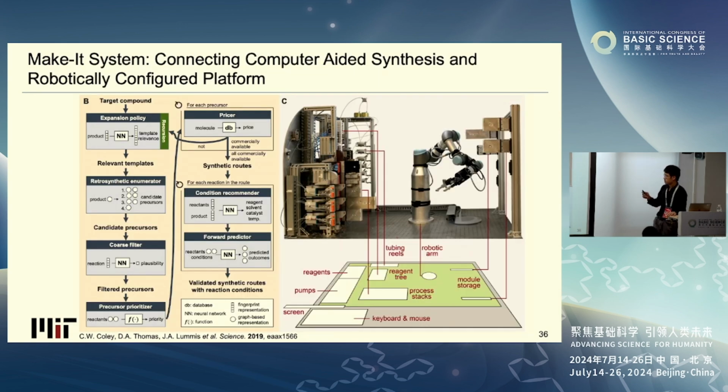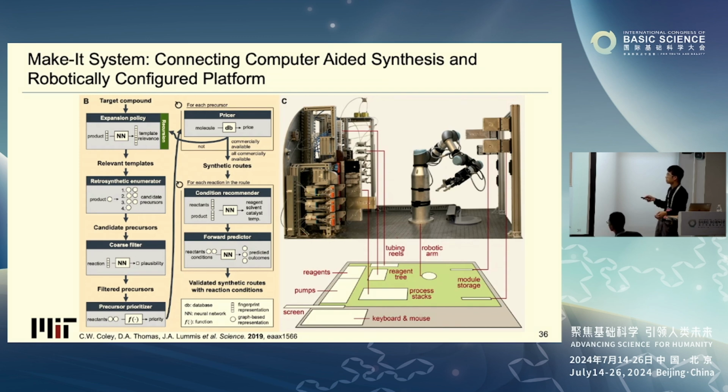Right, so this is the system. On the left is the synthesis planning framework that we just talked about. We start from a target compound and come up with synthetic routes that seem to have a high likelihood of success. Then with some expert inputs, we can program them into a synthetic procedure that can be taken by this robot to assemble the reaction system and run the synthesis.